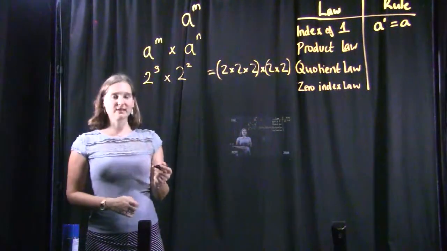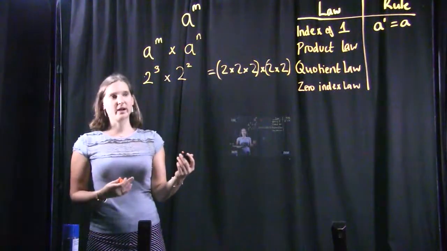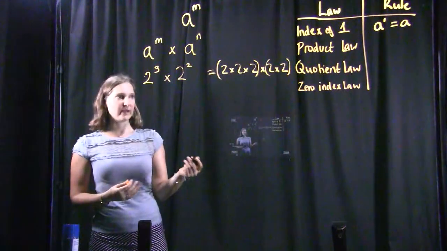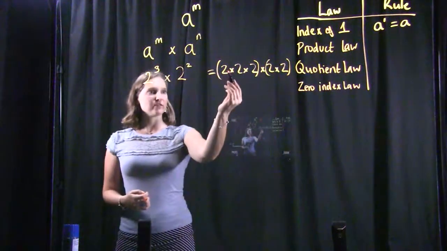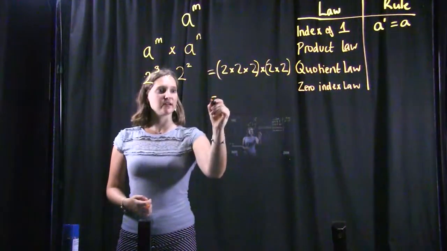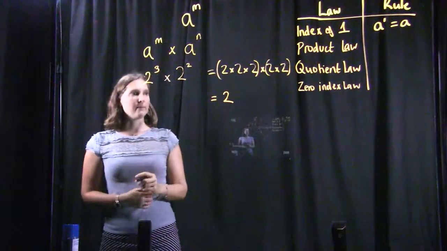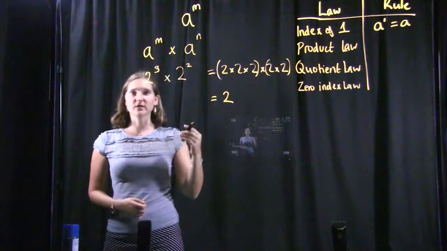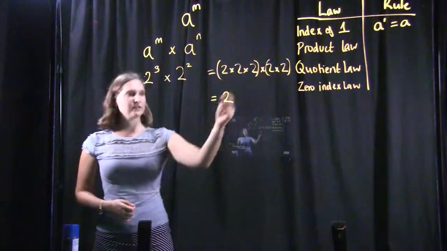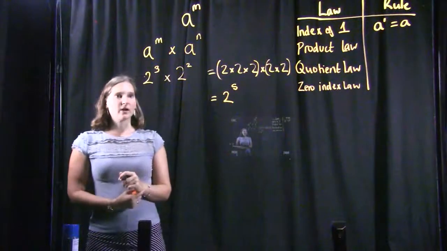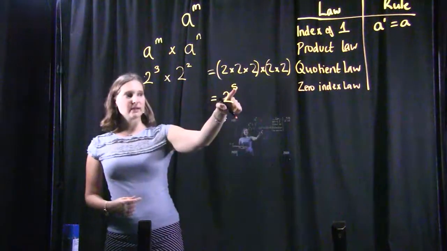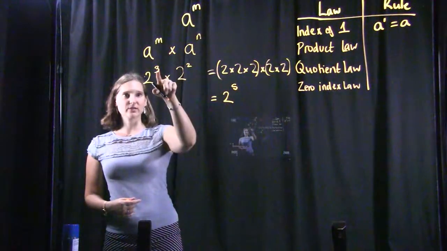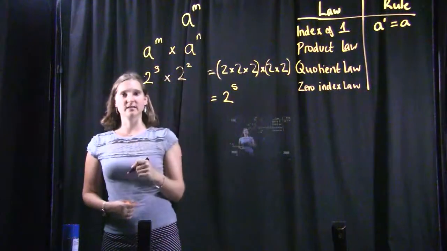If we were going to work this out then, to write a new power for this new base and new index, we have our base, which remains as 2, and a new power, because we now have 1, 2, 3, 4, 5. So it's 2 times itself 5 times. So this number comes as a result of adding this number and this number.